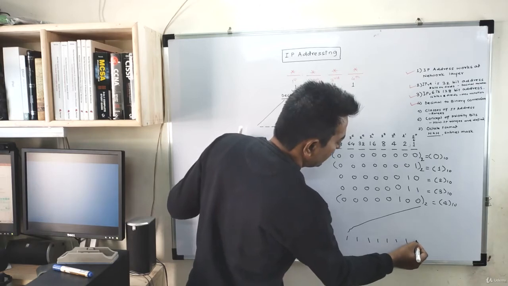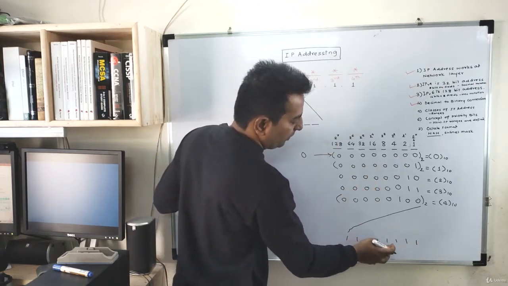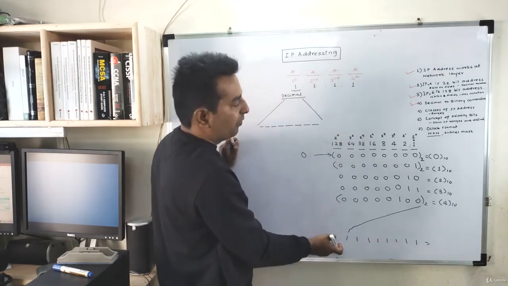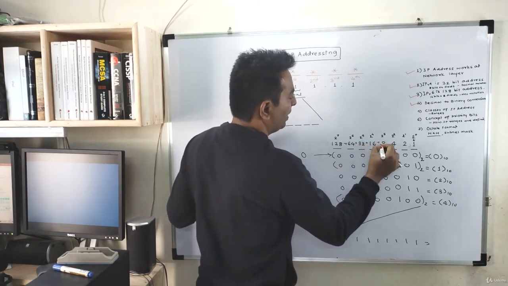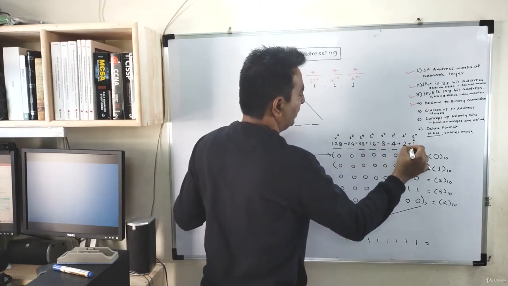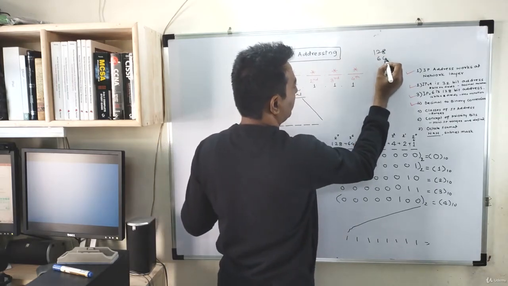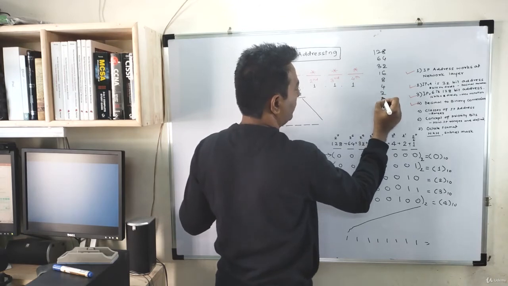So at the max, you can mark all bits as 1. So 1, 2, 3, 4, 5, 6, 7, 8. If you mark all of them as 1, then you need to add all these numbers, right? So if I add all these numbers: 128, 64, 32, 16, 8, 4, 2, 1.